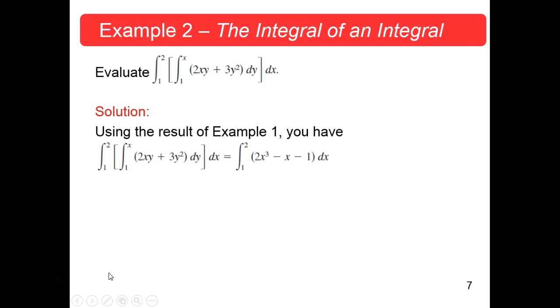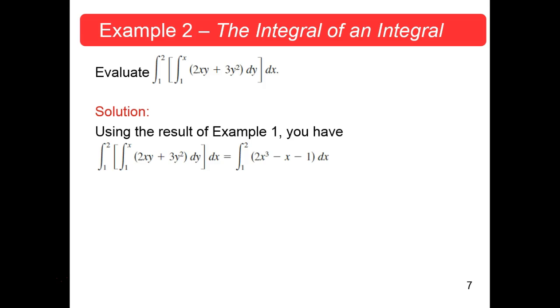And they start by using the result of example 1, which I was starting to do, but I thought we needed to practice that a little bit more, because this was the same function right here, that same integral that we had in example 1, and it turned out being this. So I want you to do it again just to refresh your memory.